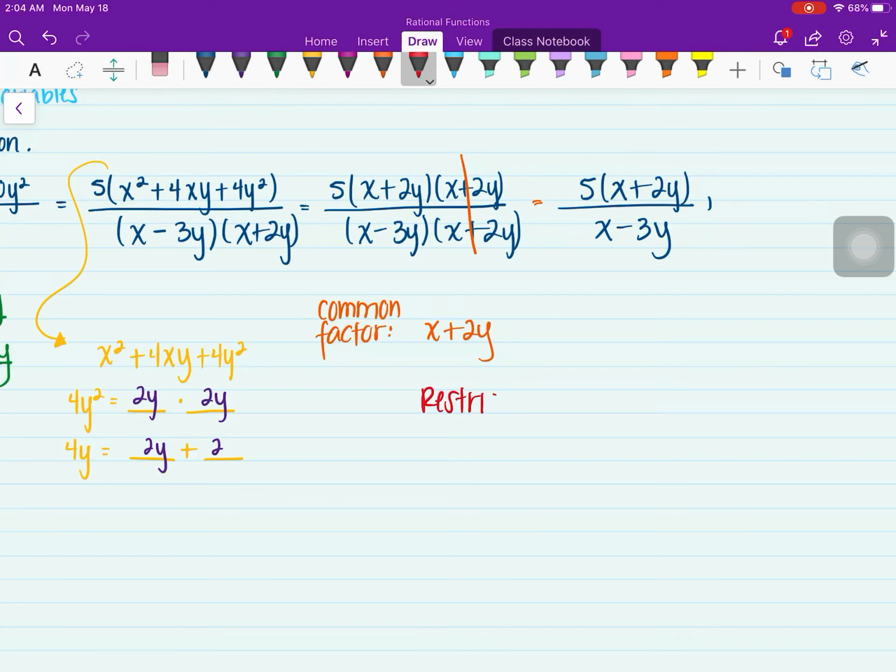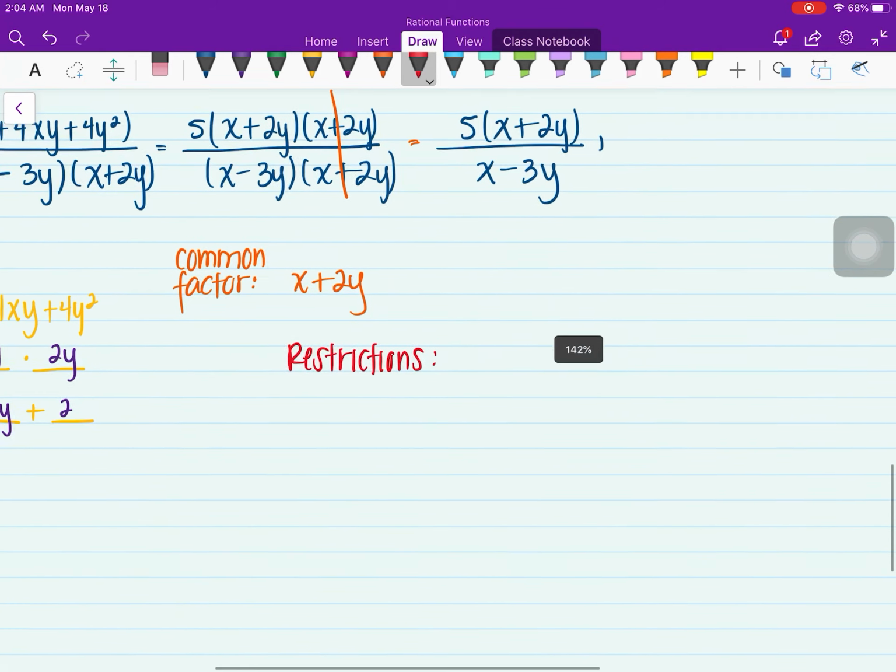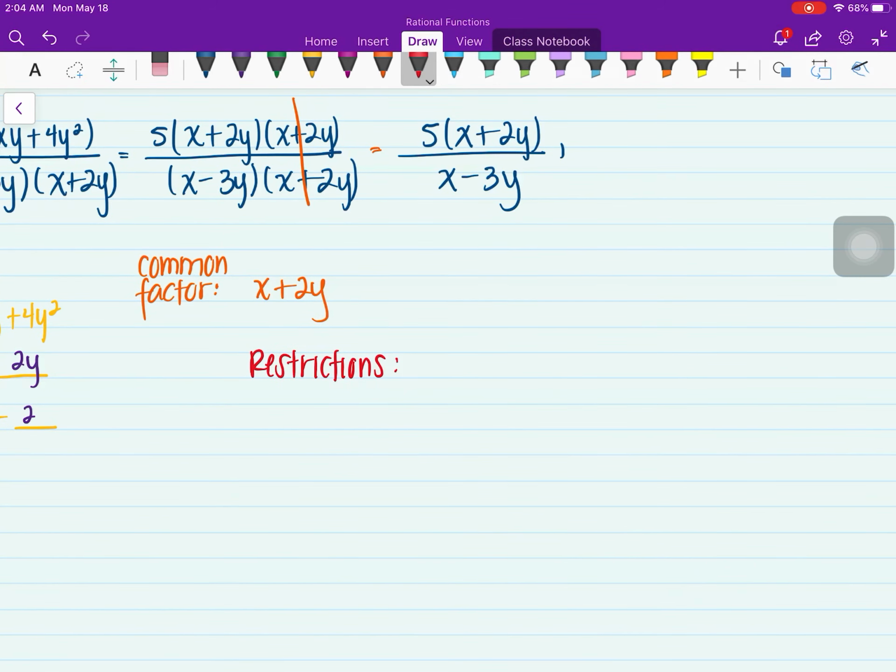So this is the restriction. We're making each of the expressions in the denominator equal to 0, and you can solve for x or you can solve for y. In this case, I'll be solving for x on both of them.